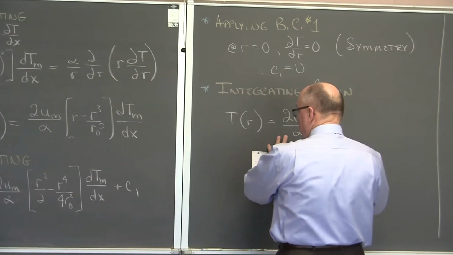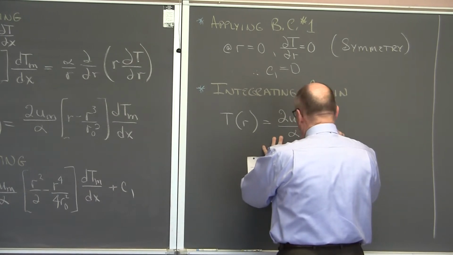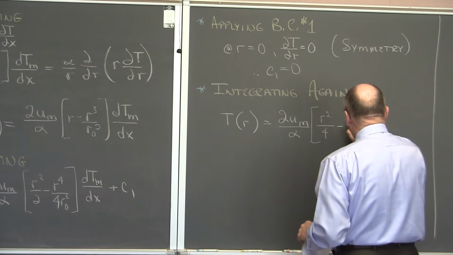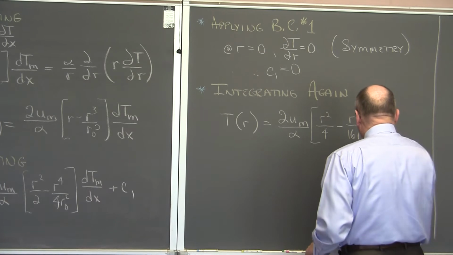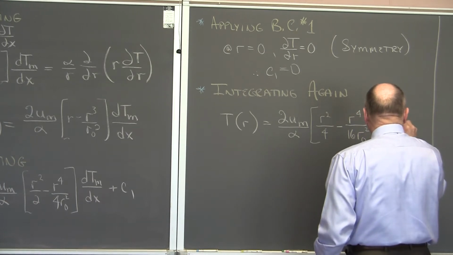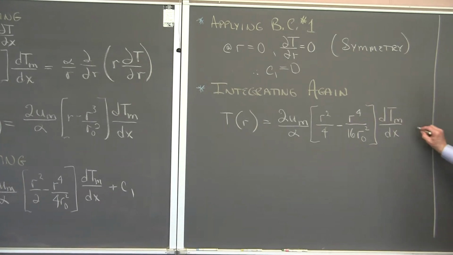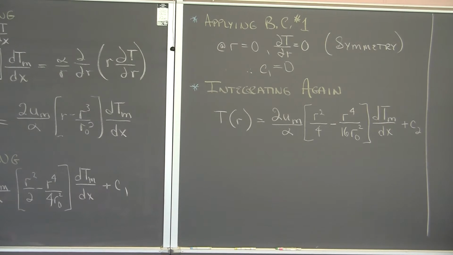So when we integrate that, that will be r squared over 4 minus r to the 4th over 16 r0 squared times the change of the mean temperature with respect to x plus C2, the second constant of integration.